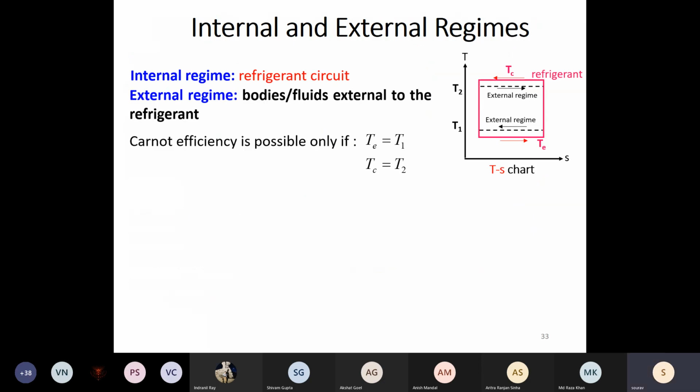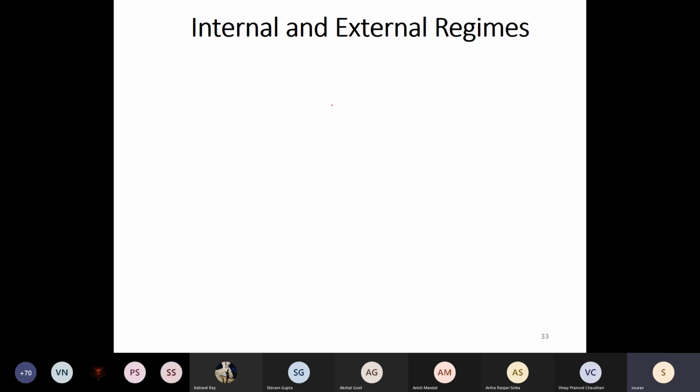So wherever possible, we prefer counterflow type heat exchangers. Okay, there is another third type of heat exchanger which is called the cross flow, and that is the most common type in air to any fluid heat exchange process.